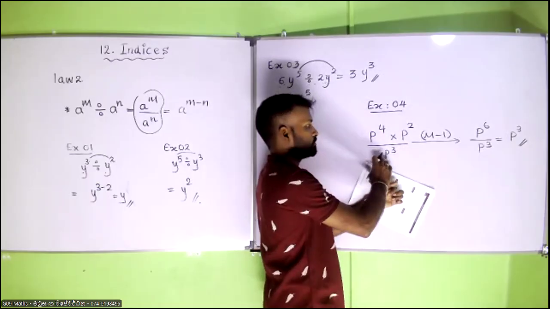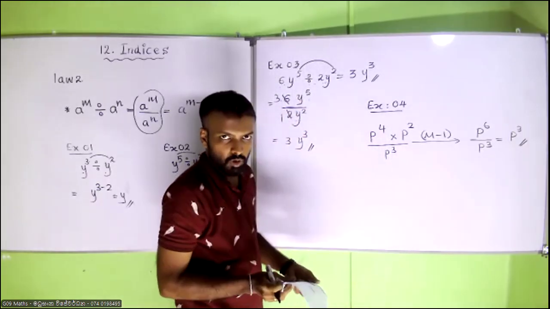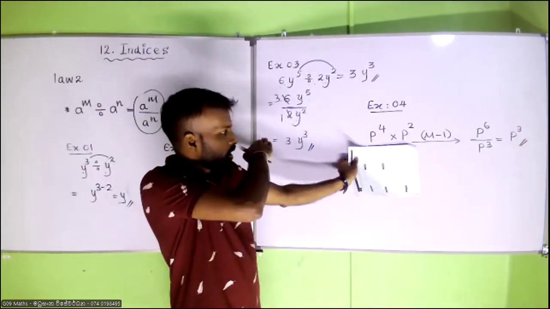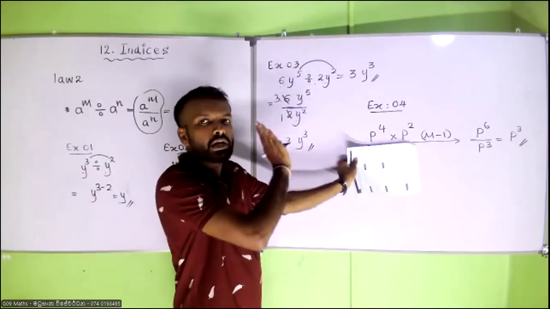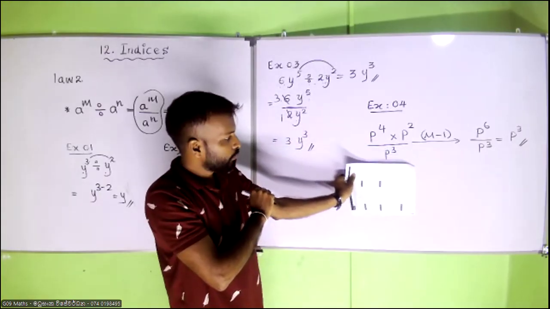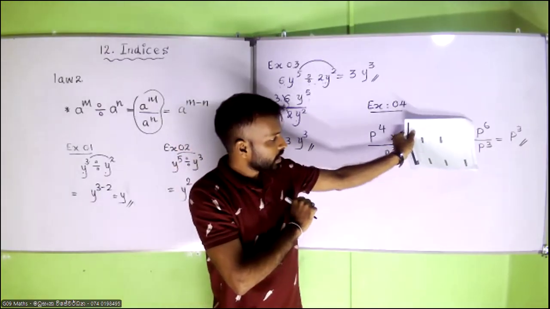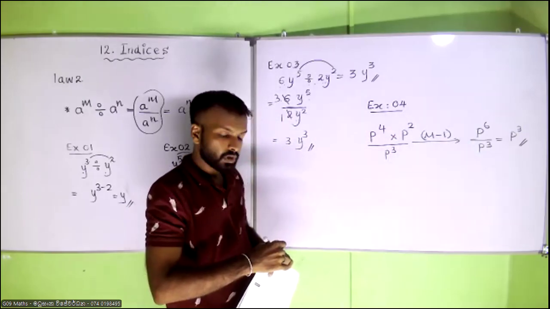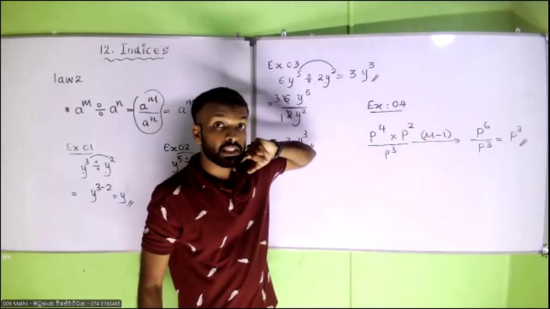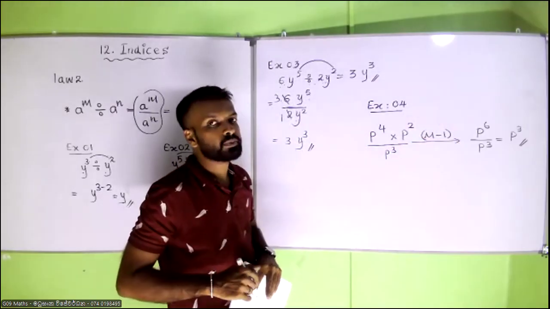Please write it. First of all, I forgot the denominator and completed the numerator part. Then I applied the second law, and subtracted 6 minus 3, 3. That is the first method.